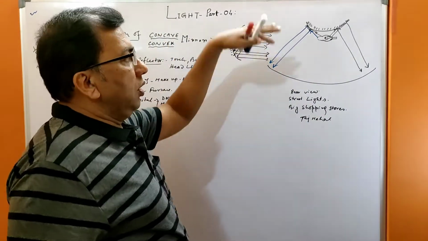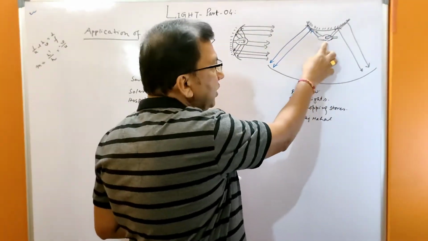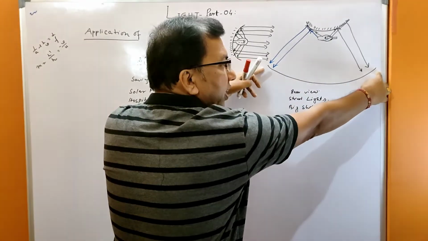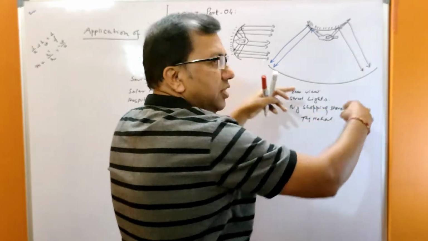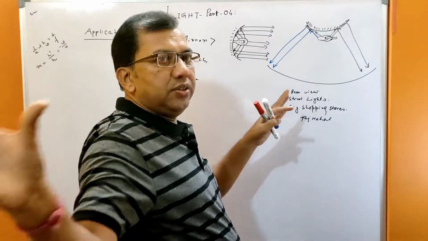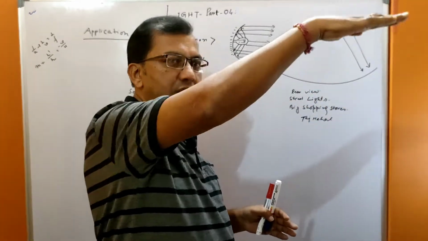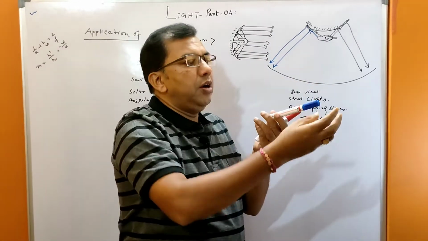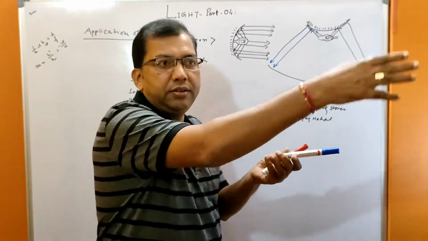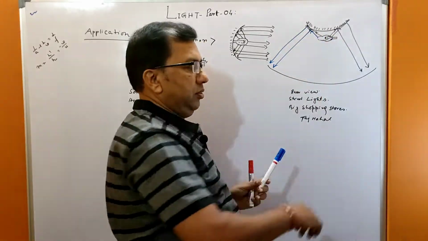Now what are the uses of convex mirrors? Suppose this is a street light, this is the bulb, and light is going out and coming here. A wide range of area we can see easily. In the rear view mirror of vehicles we can see a wide range, and in street lights too. The light spreads out because of the convex mirror. It is also used in big shopping stores.